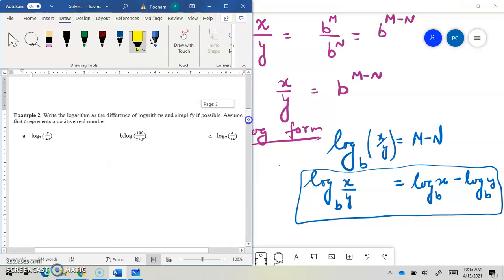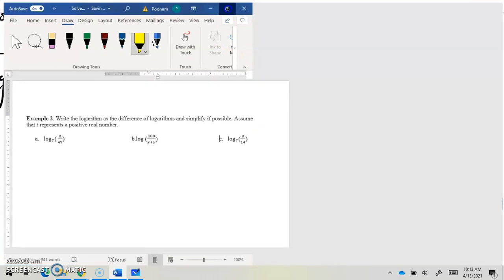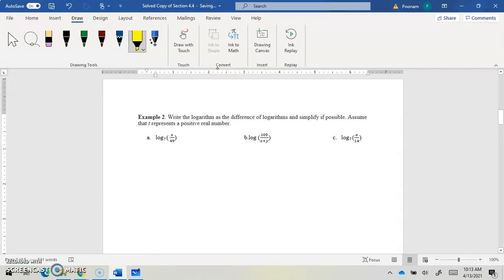Question number 2 is, write the logarithm as the difference of logs and simplify if possible. The first part here is log of z by 49, the base is 7. That would be written as, it's a quotient of z and 49, so log base 7 of z minus log base 7 of 49.